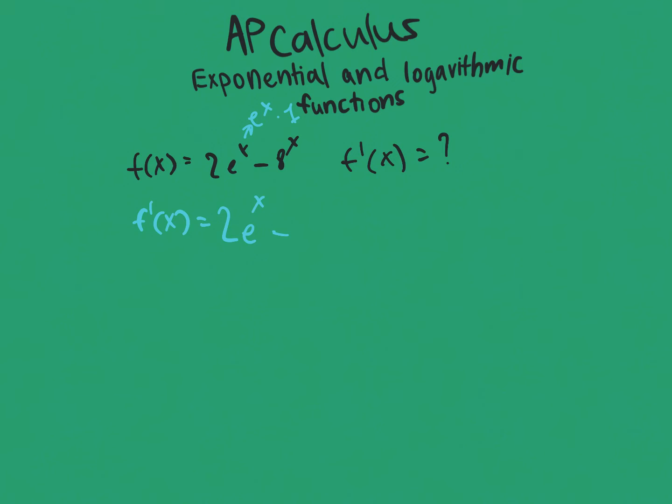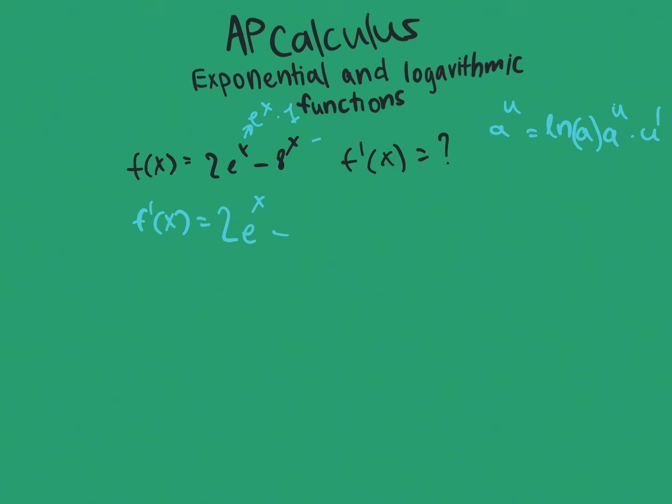Minus 8 to the power of x. 8 to the power of x is the formula that goes for a to the power of u. And the formula for a to the power of u is ln a times a to the power of u times u prime. It's a really important formula that you should memorize.